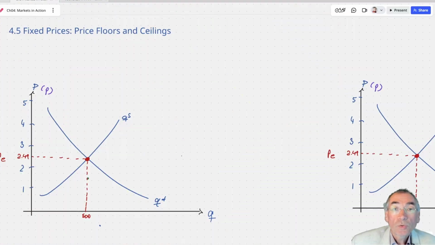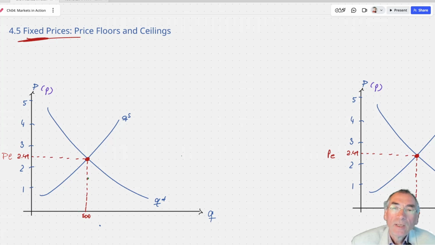Part 4.4, shortages and surpluses, we already discussed at the beginning. So there's 4.5, price floors and price ceilings, or as a headline, fixed prices. What happens if prices are fixed?